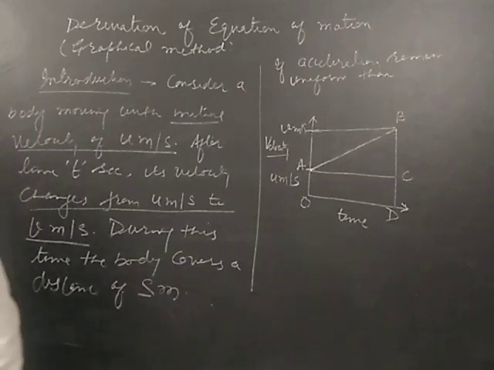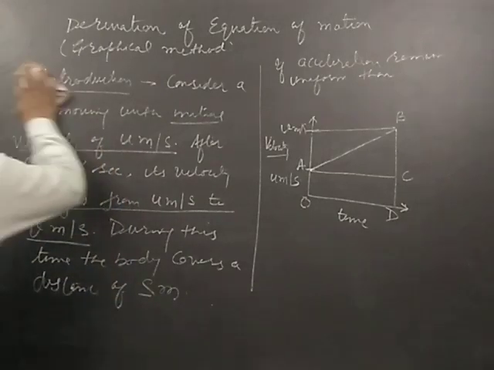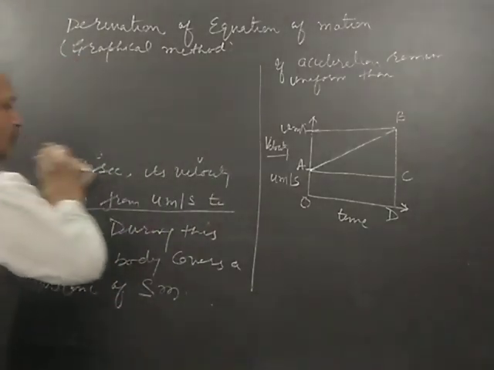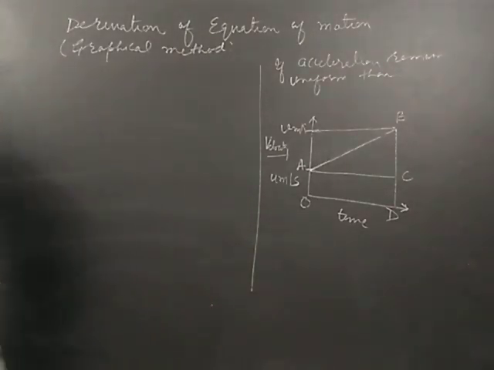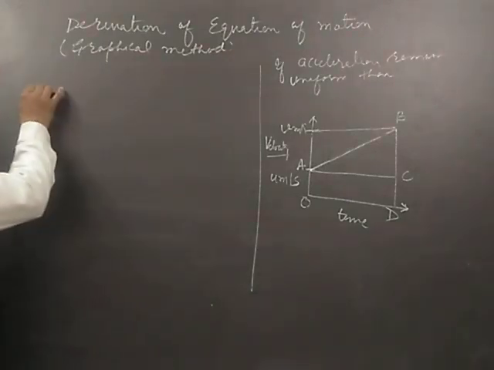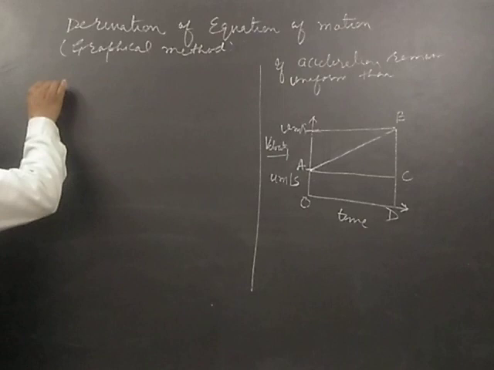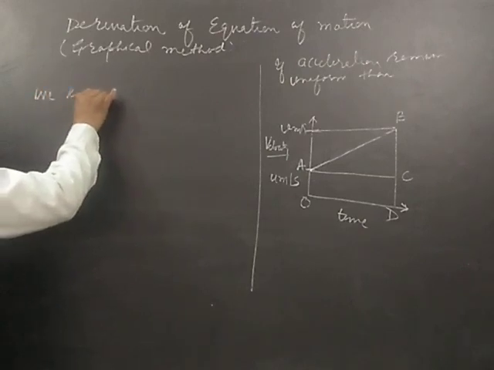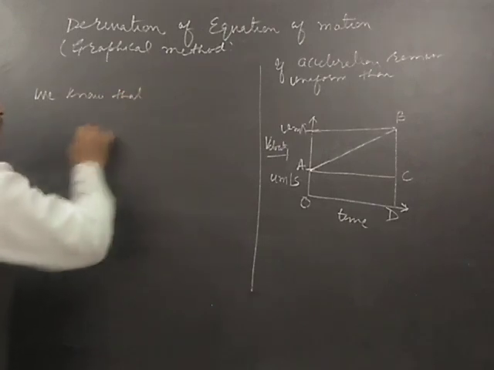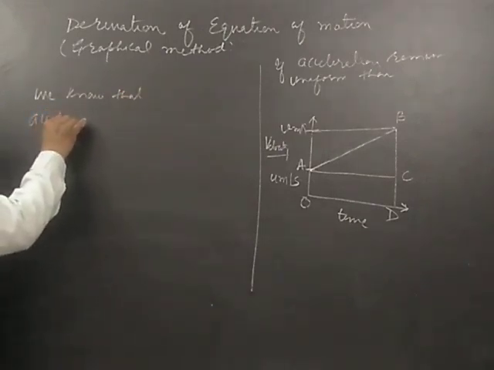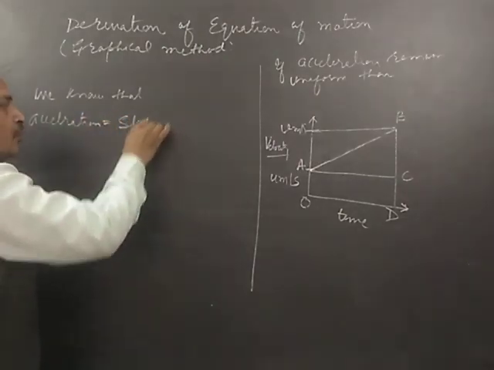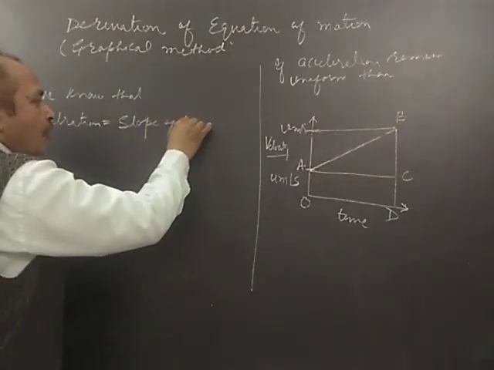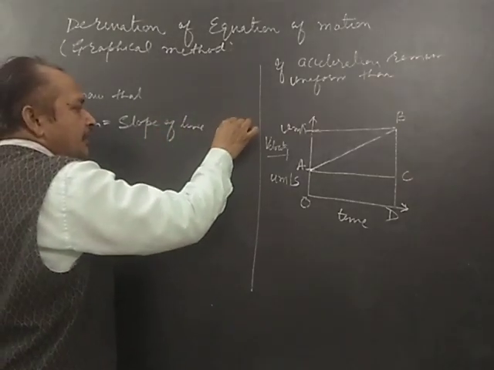Okay. So let us proceed as usual with the same concept when we talk about the derivation of the first equation of motion. We are talking about acceleration, and in this case we know that acceleration will be equal to the slope of line AB.